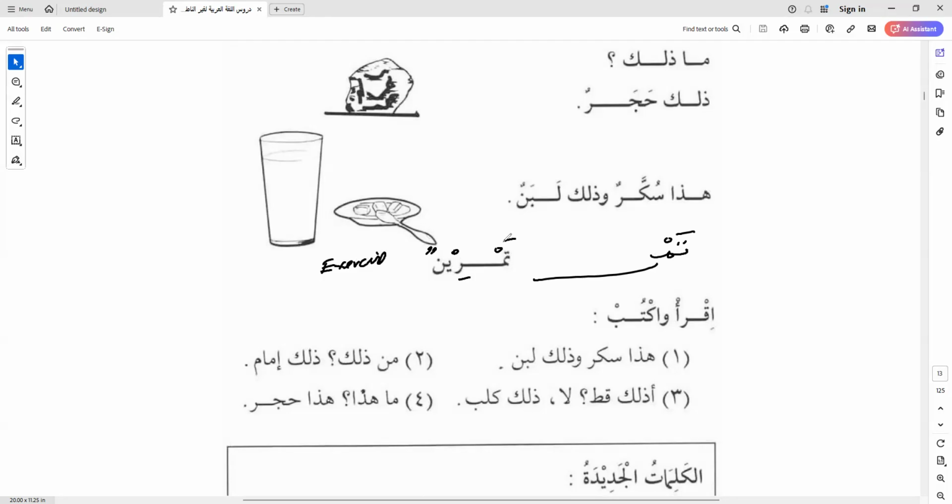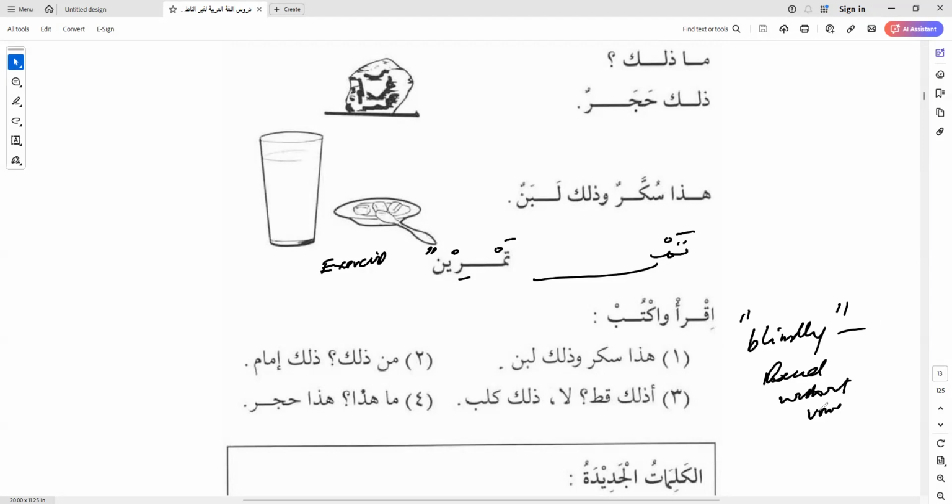Again, as we did in lesson 1, we don't have vowels on these sentences, so you have to just read them blindly. In Arabic, when you read blindly, it means you read without vowels.